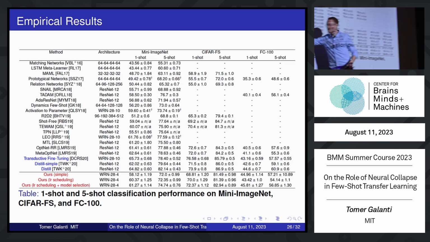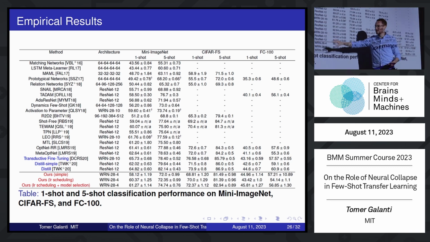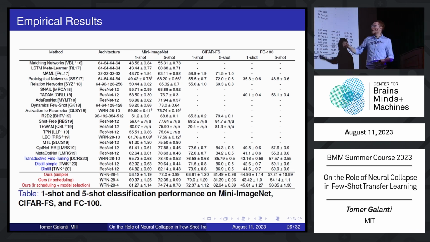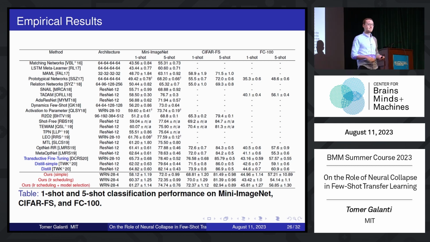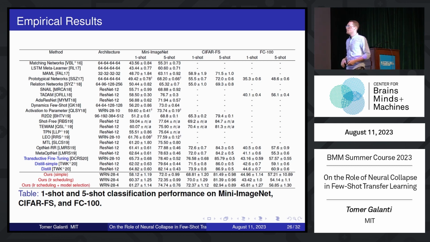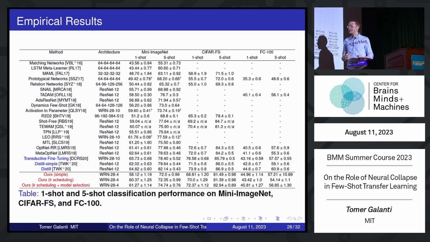Okay, so basically, everything in red is different variations of this very naive approach. Anything in blue is methods prior to us that do something very similar to transfer learning, but typically with additional losses or constraints. So they're a little bit more involved.